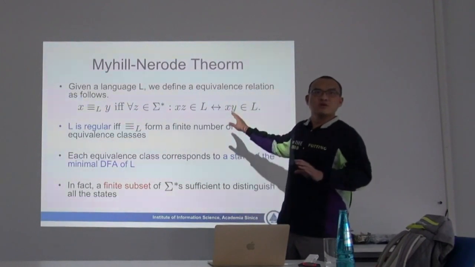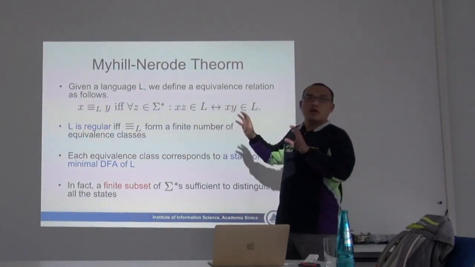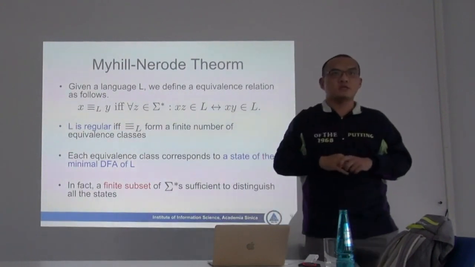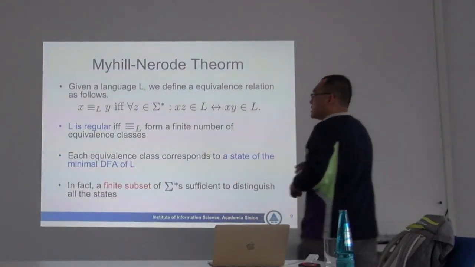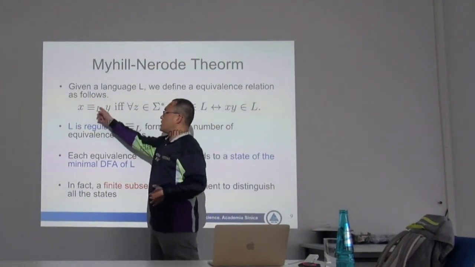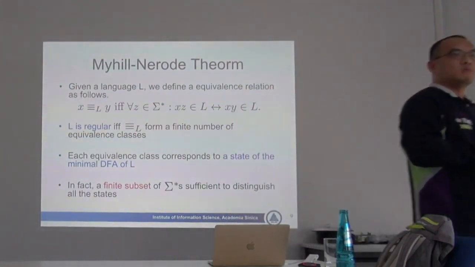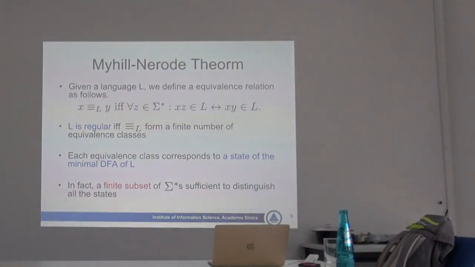I hope this will not confuse you. This means x and y cannot be distinguished by any suffix. The equivalence class defined by this relation actually corresponds to a state of the minimum deterministic finite state automaton related to L.